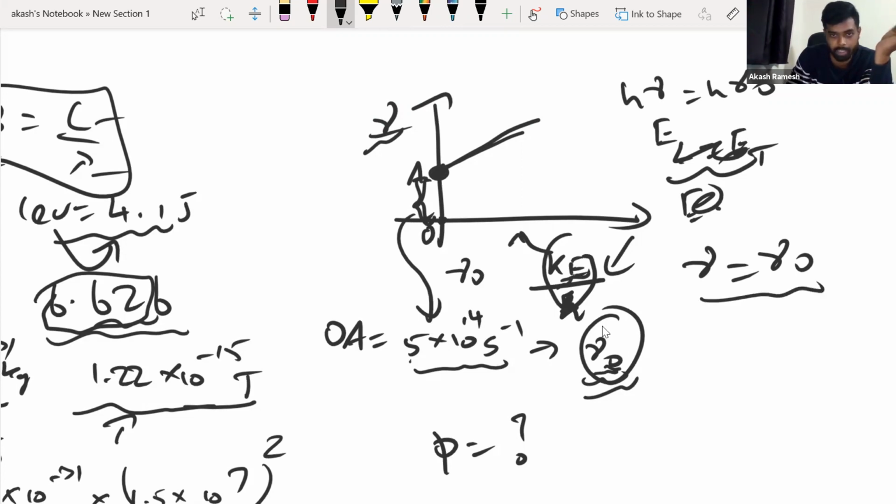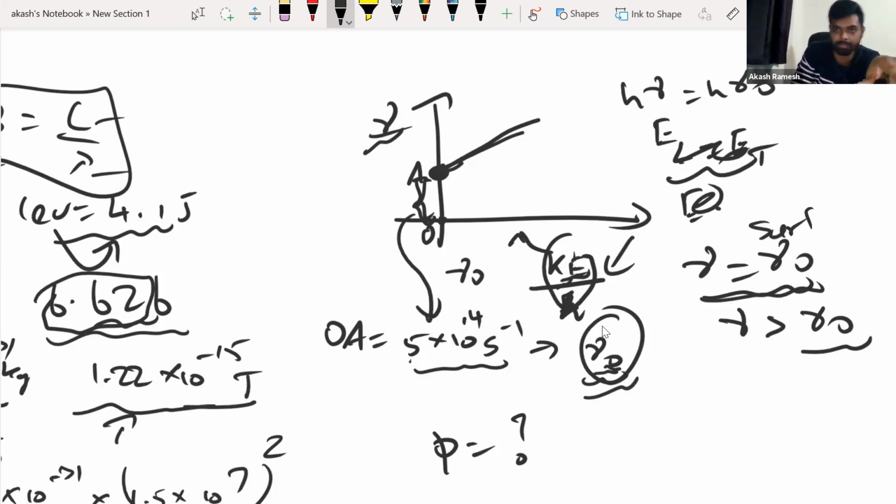Now, once nu becomes greater than nu naught, obviously kinetic energy value comes, because only then the electron will come out. Till this point, the electron will be on the surface. Once you increase the frequency a little bit, the electrons on the surface will move, and that is where the kinetic energy comes from. Is it not, people?